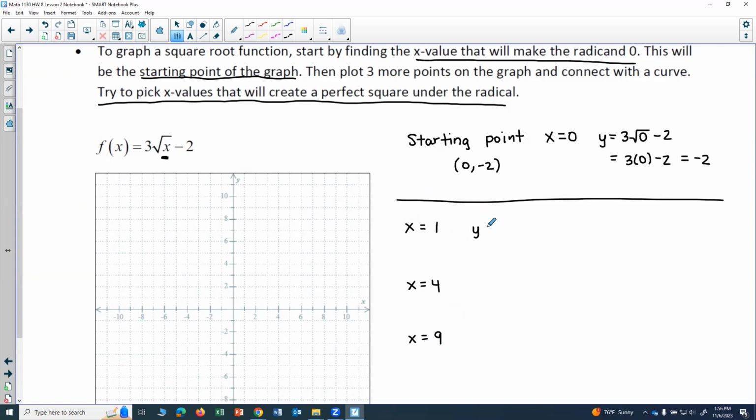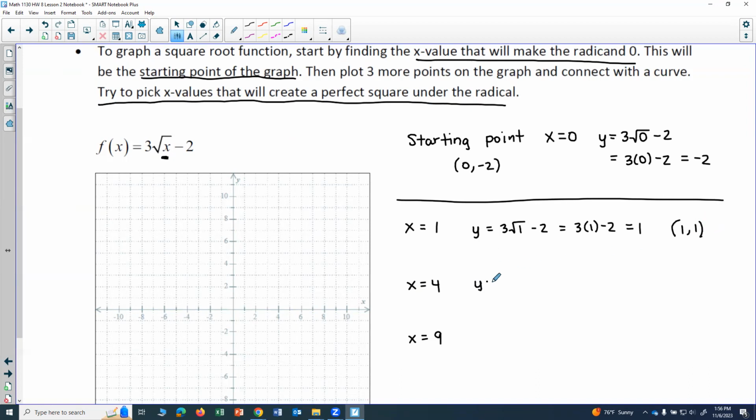So for my second ordered pair, I'll have y equals 3 square root of 1 minus 2. Square root of 1 is just 1, so that's 3 times 1 minus 2. So I get the point 1, 1. That will be my second ordered pair.